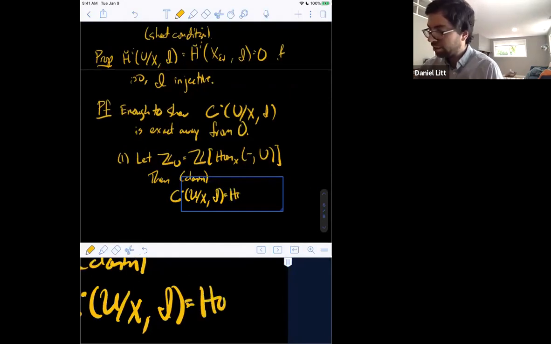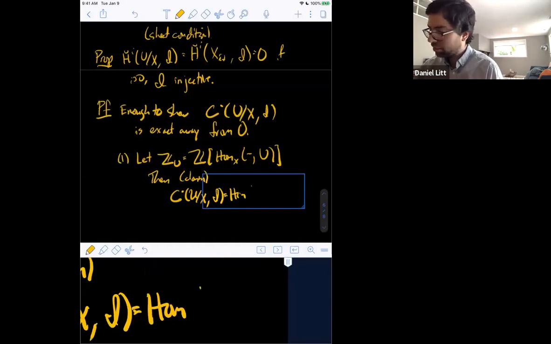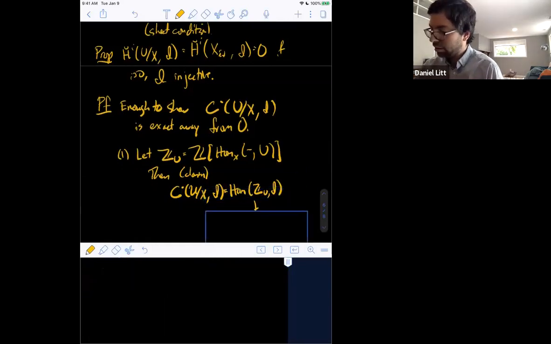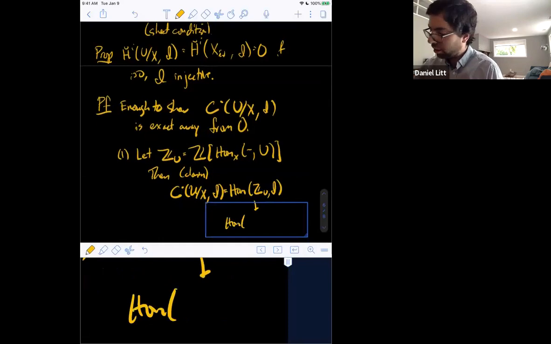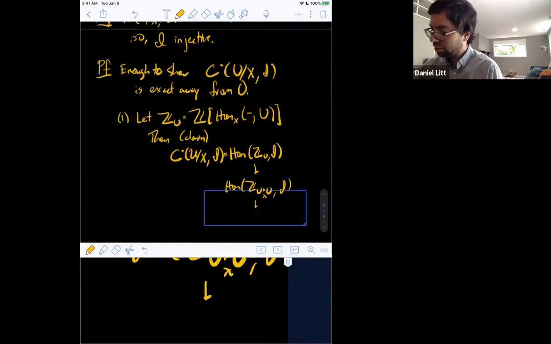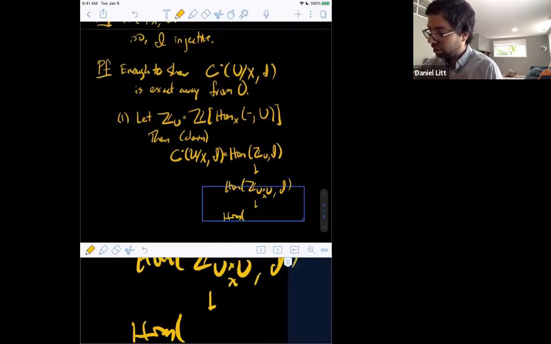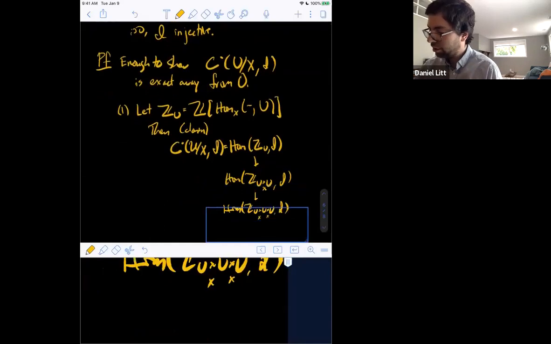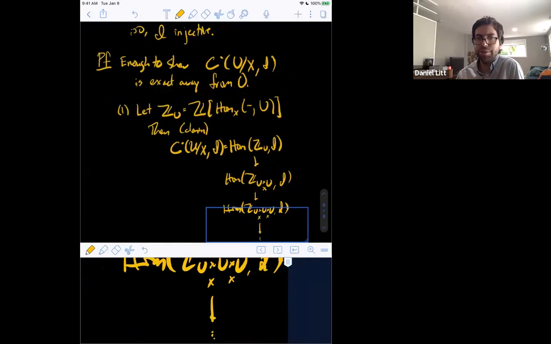So we have Hom of Z_U into I, going to Hom of Z of U cross U over X into I, going to Hom of Z of U cross U cross U over X into I, and so on. Can anyone tell me why this is true?